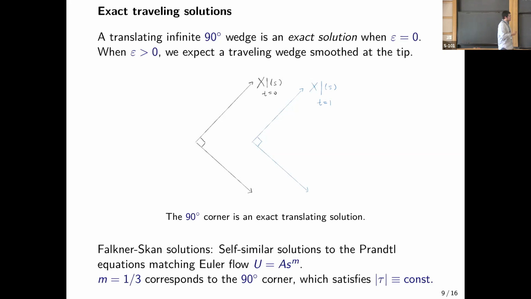There are these special solutions of the boundary layer equations that correspond to corners. They're called the Falkner-Skan solutions. And they're self-similar. And you can use the fact that they're self-similar to show that their shear stress is constant. So at every point on the boundary, this solution erodes the same amount. So it stays a corner, but it just moves backward.